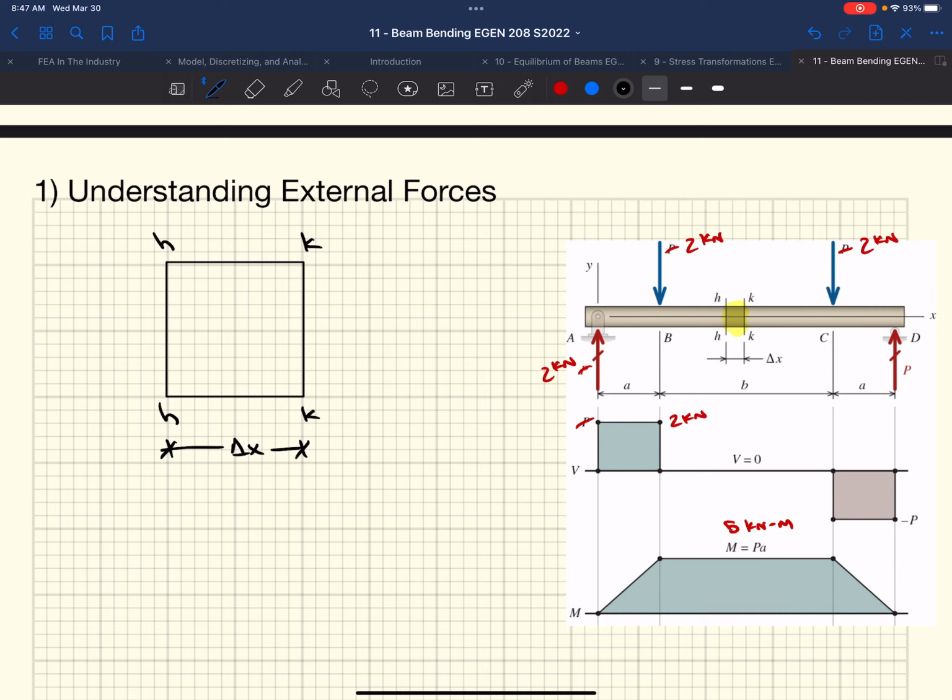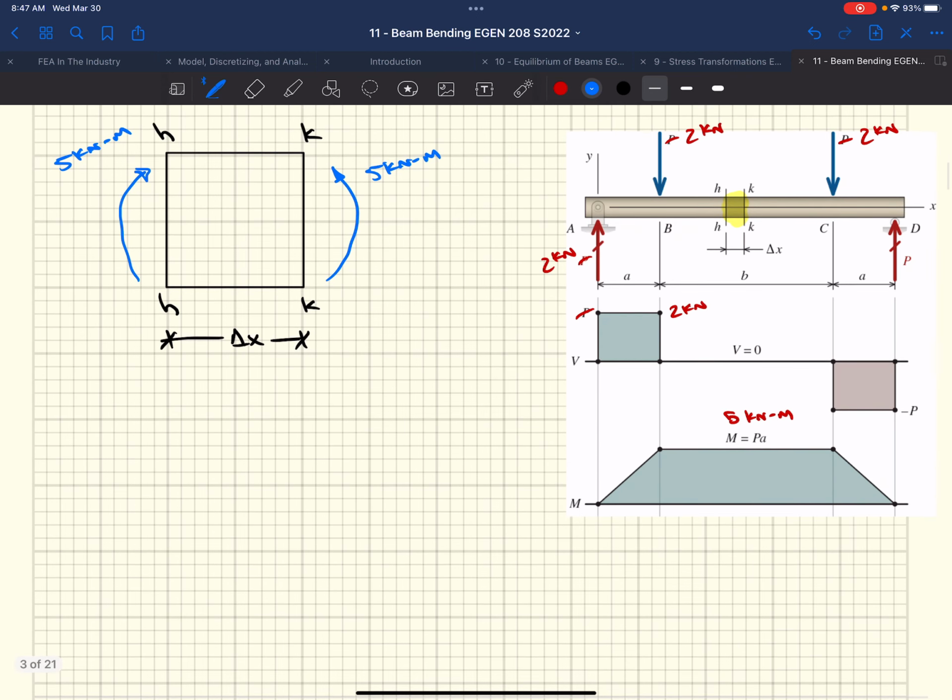It's positive. When we know a positive moment, sign convention, makes this section smile, right? 5 kilonewton meters. 5 kilonewton meters. And that's going to be our little free body diagram for this section. That moment that's applied to this member creates normal stresses on the faces.